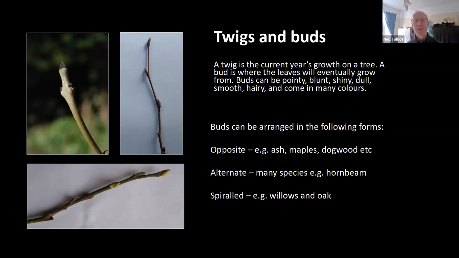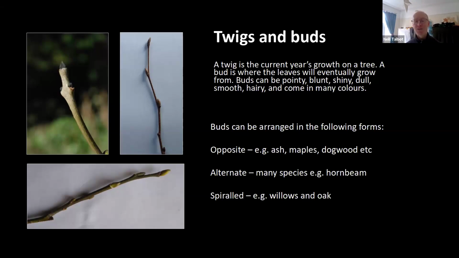I think it's a goat willow, although willows do hybridize. But it's probably a goat willow, that one. And they spiral, so they're not completely in line with each other. And you've also got things like oak, which will be spiraled around the stem a bit.